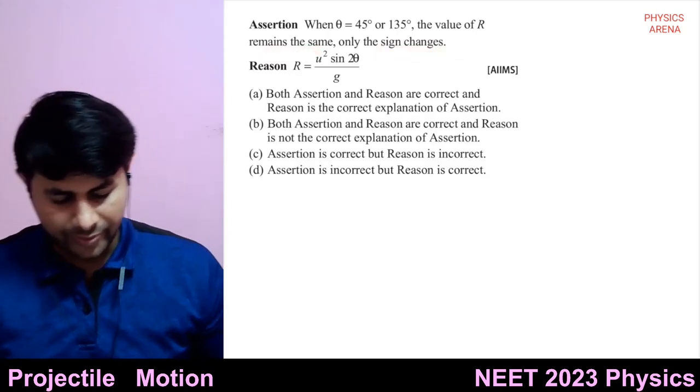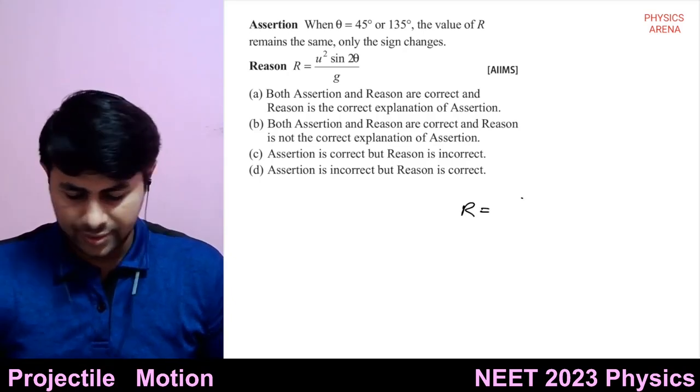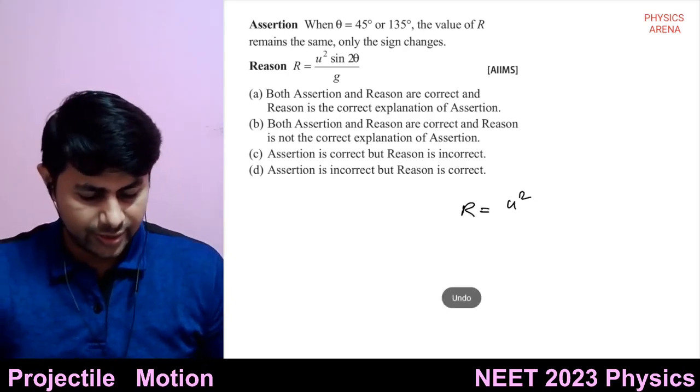I forgot to tell you one thing. So what is r? It is u square sine 2 theta divided by g.